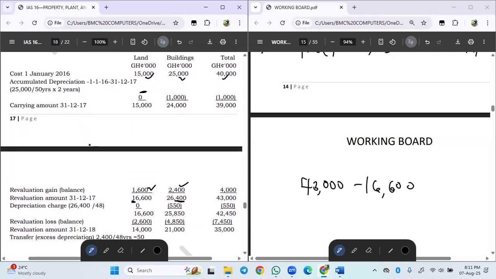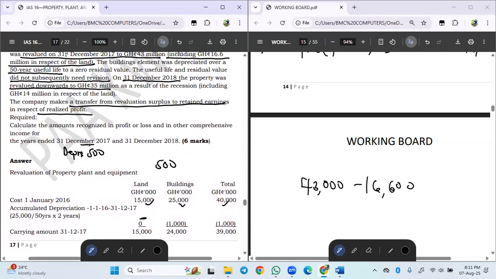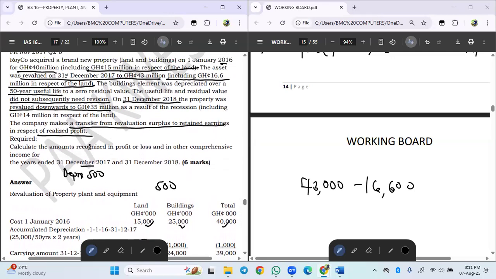Now, on the 31st December 2018, there was what? Second revaluation. This time around, it was revalued downwards to 35 million. So we have to calculate depreciation from 31st December 2017. That is the first revaluation.